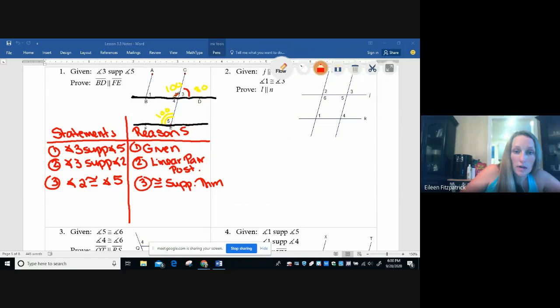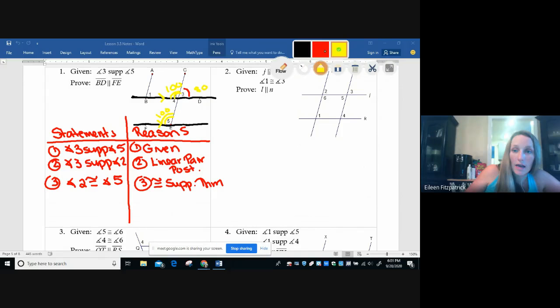So now that I know that angle 2 is congruent to angle 5, I can put 2 arcs on angle 2, right? What kind of angles are 2 and 5? They are corresponding angles. And when corresponding angles are congruent, what do you know about the lines? They're parallel.